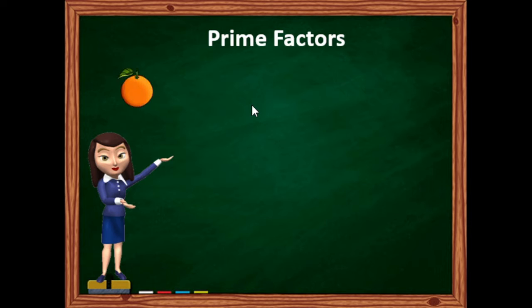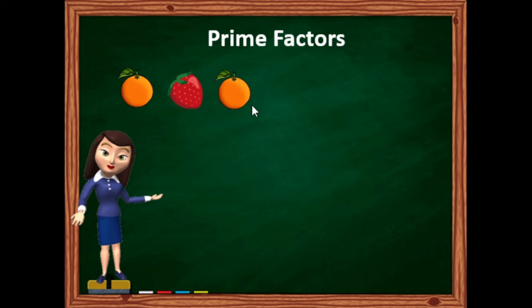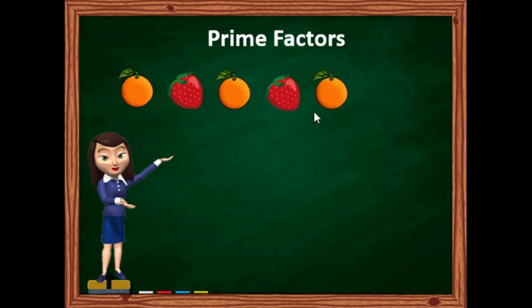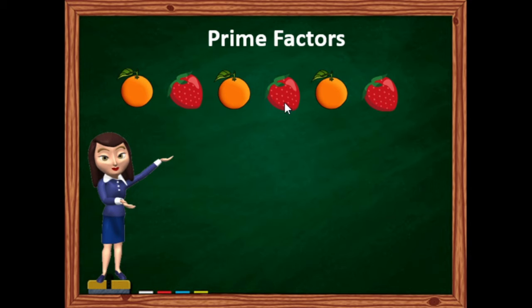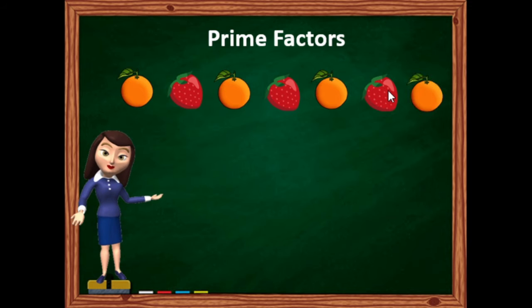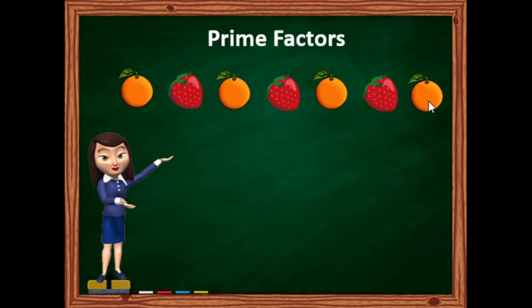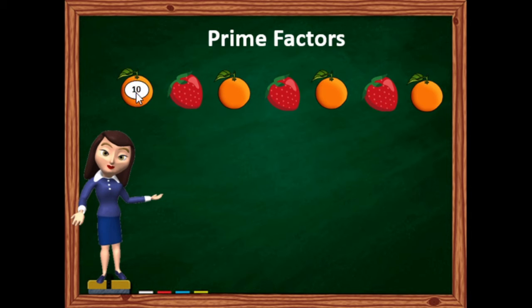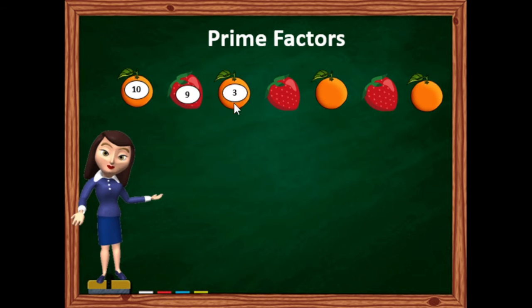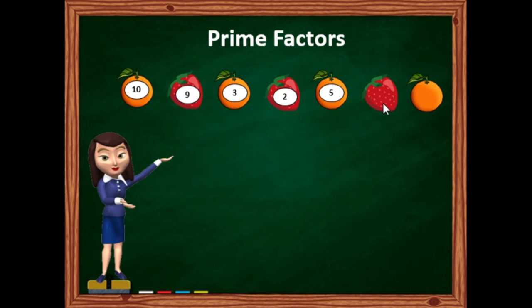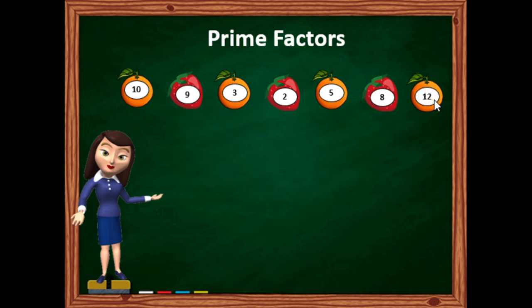What are prime factors? Look at the figures on the screen. You have an orange, a strawberry, an orange, a strawberry again, an orange, strawberry, and another orange. Let's put some numbers in each fruit. Let's begin with 10, 9, 3, 2, 5, 8, and 12.